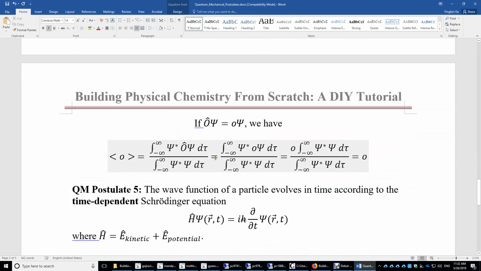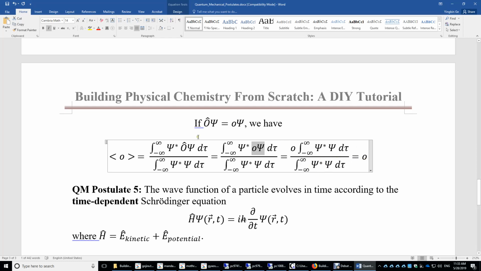Postulate 4 also tells us if it happens that this psi is an eigenfunction of the operator O, and we have O being applied to psi, we get a constant lowercase o times psi, and then the expectation value of O can be derived easily by replacing this O psi with this lowercase o psi, in which this o is a constant, and the result is simply o.